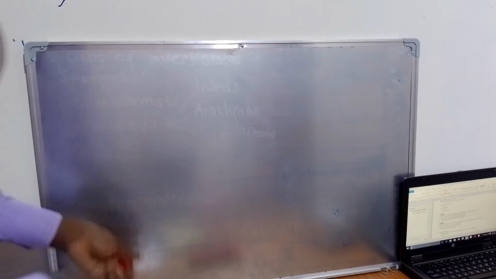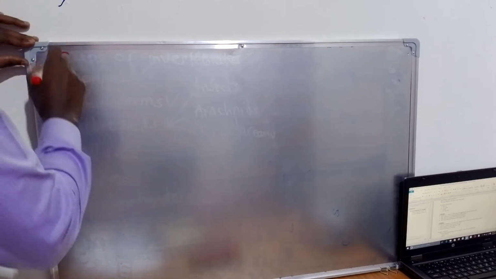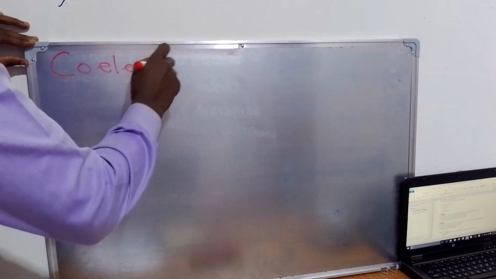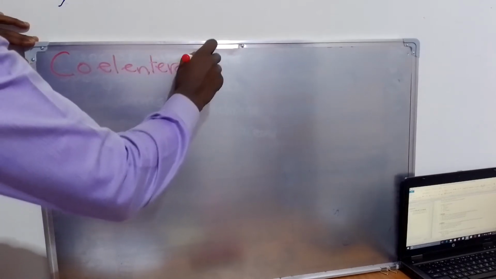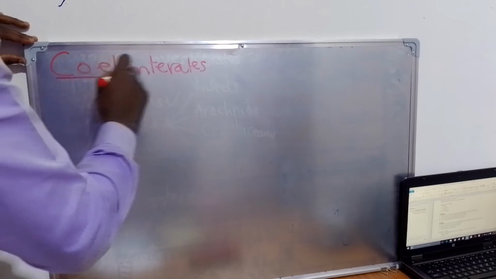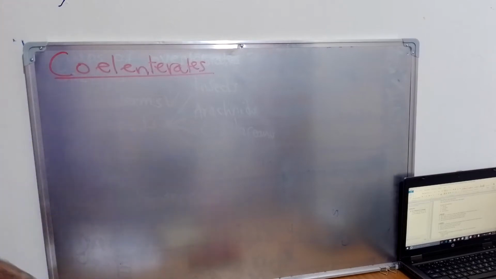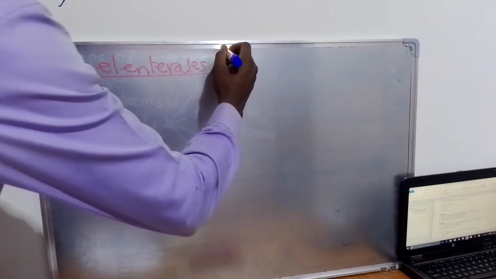I think we are beginning with coelenterates. Given that these form one group of invertebrates, coelenterates can as well be called stinging animals.